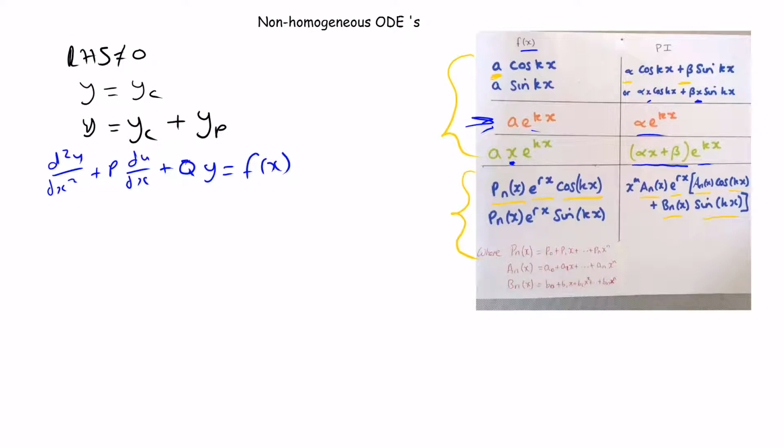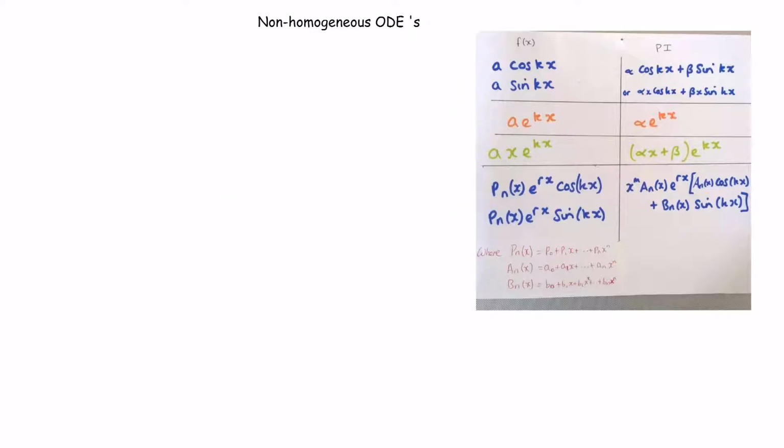So why don't we do an example? Our example is going to be actually the same as the last video on homogeneous differential equations, except rather than having the right hand side equal to 0, we're going to have a function.